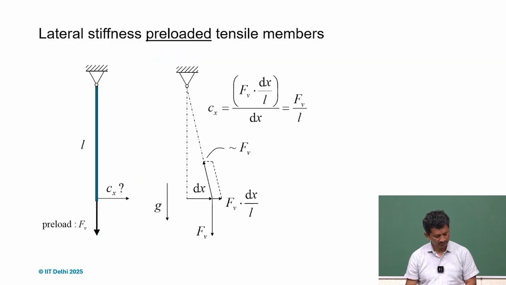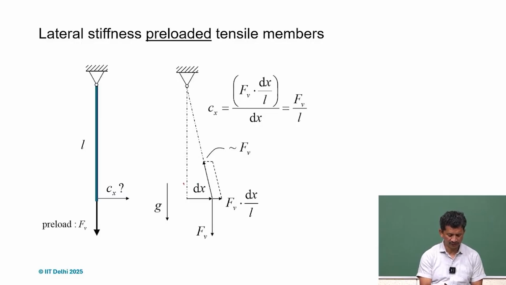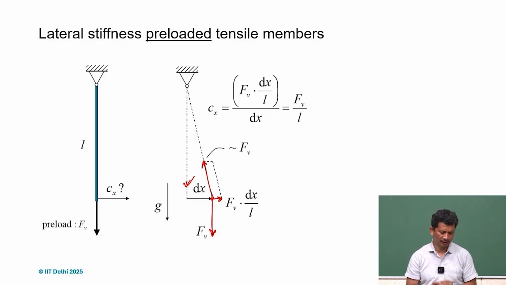If we try to analyze that, for very small deflection dx, these are the forces acting. So Fb, this will be the force required, and this is the force coming on the link. For a very small angle, if we do the force equilibrium, in the Fx direction this is the force required to give that displacement dx.